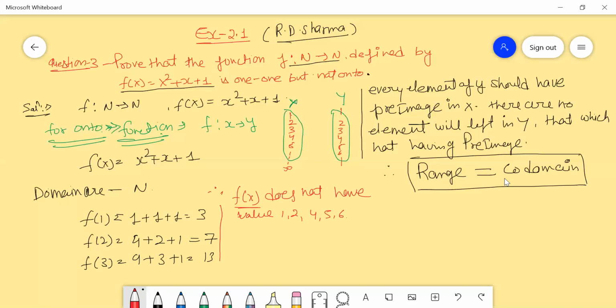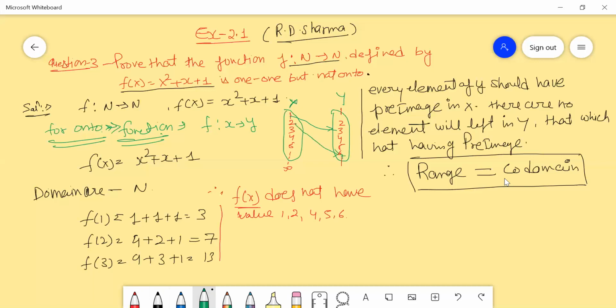So when we are mapping these elements, we get 1 belonging to 3, and 2 belonging to, here let us take 7. 2 is belonging to 7.